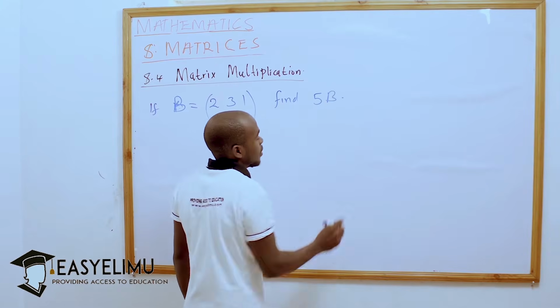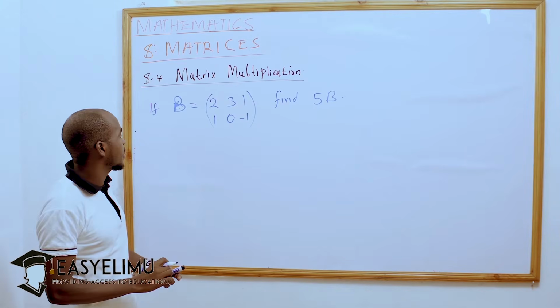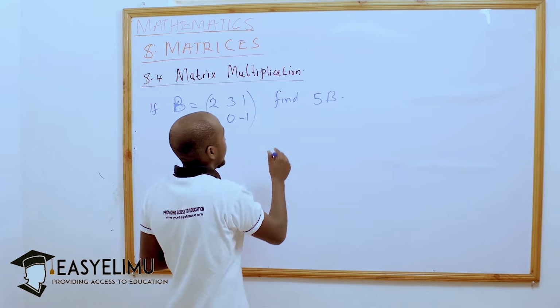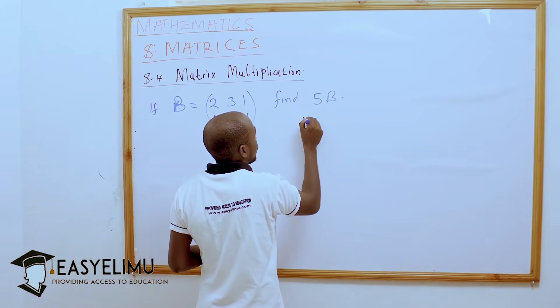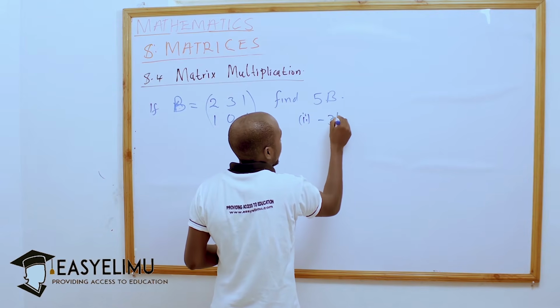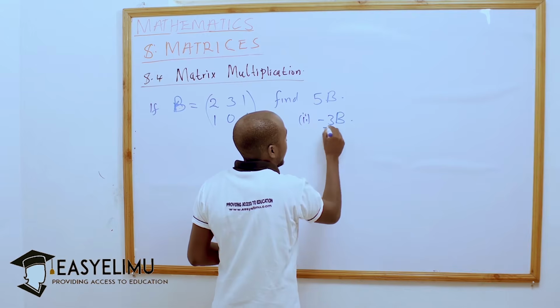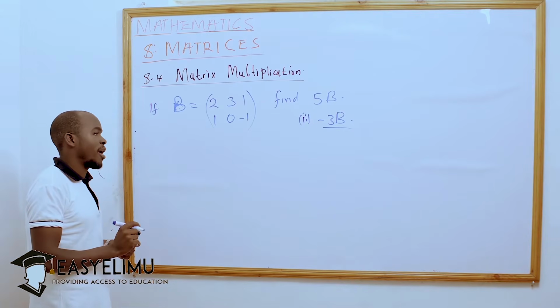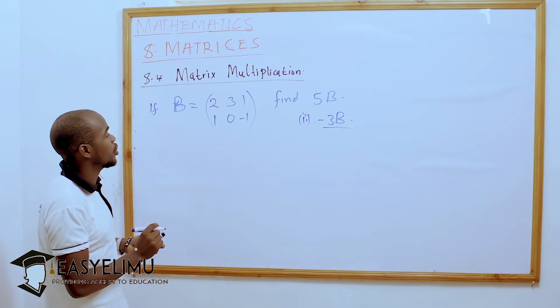That one is for your case. Go and find out how you can find that 5B. And in case of a negative, I want you also to find out negative 3B. Find out and see how it changes whatever you have. But use the same procedure which I told you.